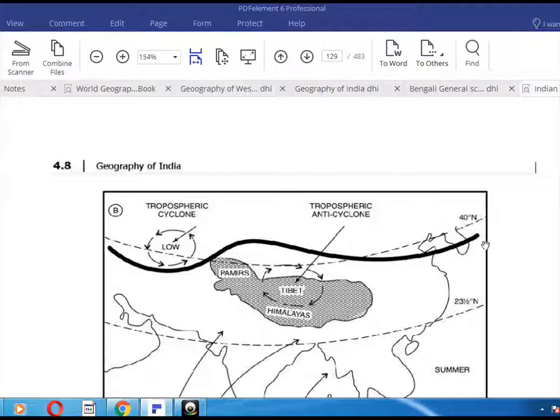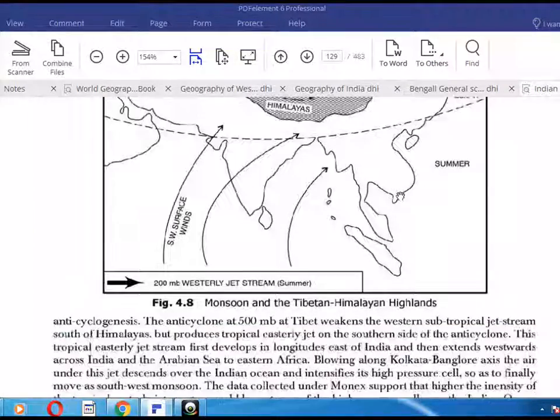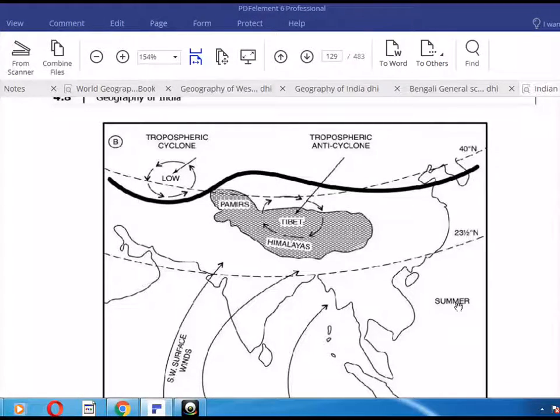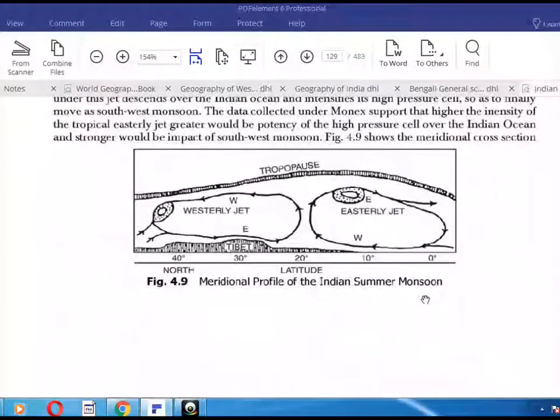And the jet stream now moves to other parts, and here are the southwest trade winds. Here is the westerly jet stream at 200 MB in summer. Here is the meridional profile of the Indian summer monsoon.